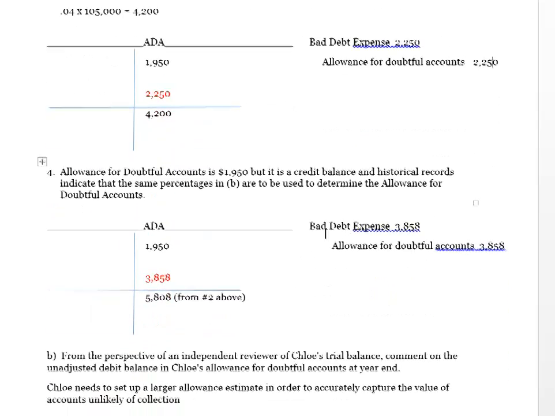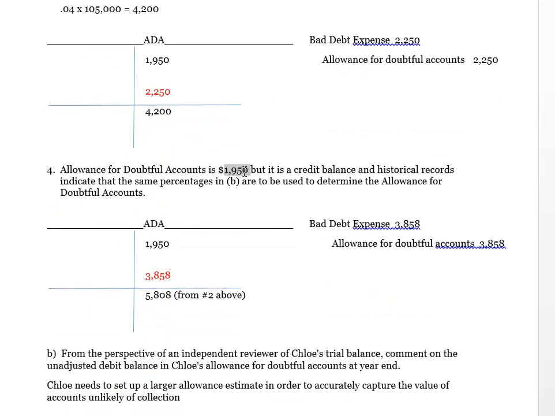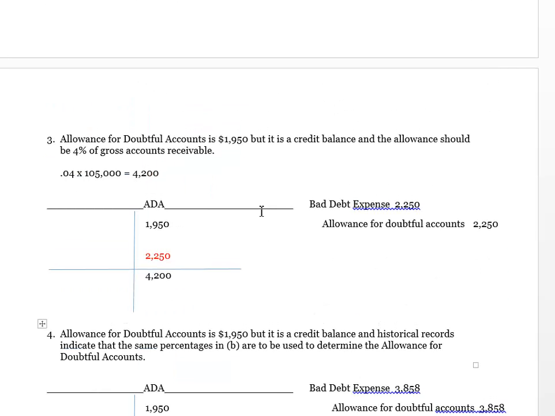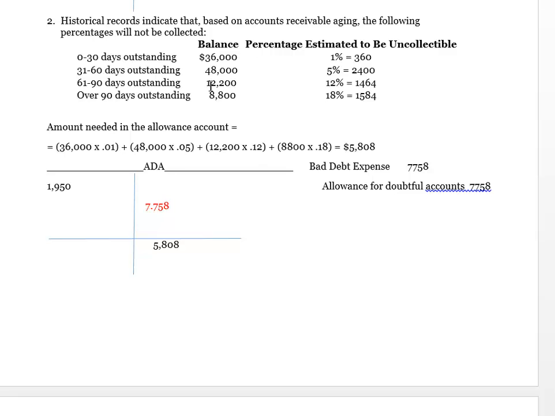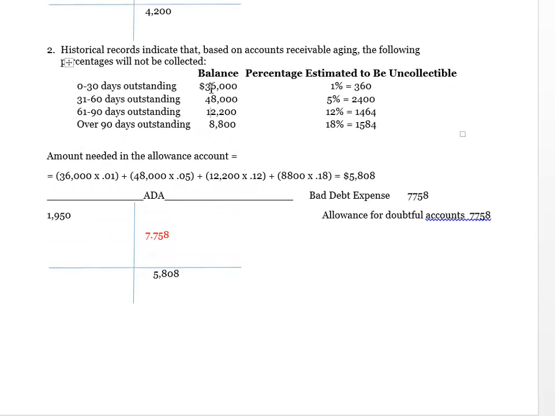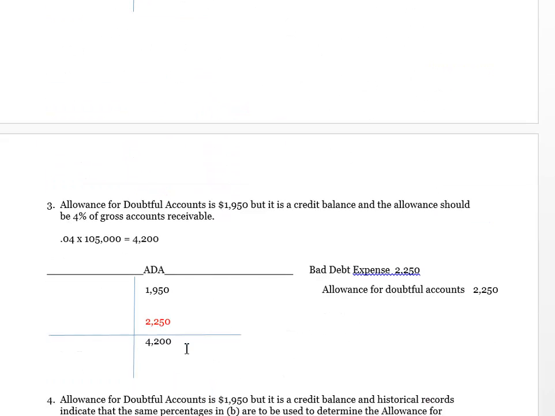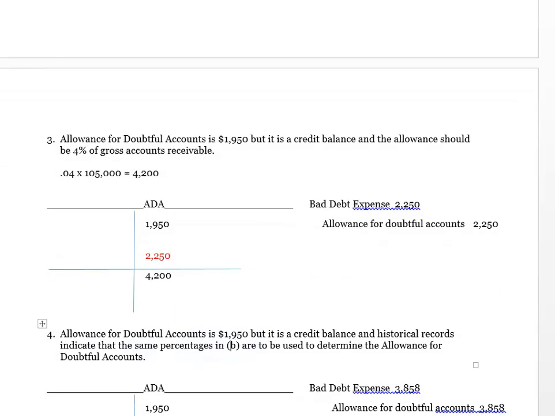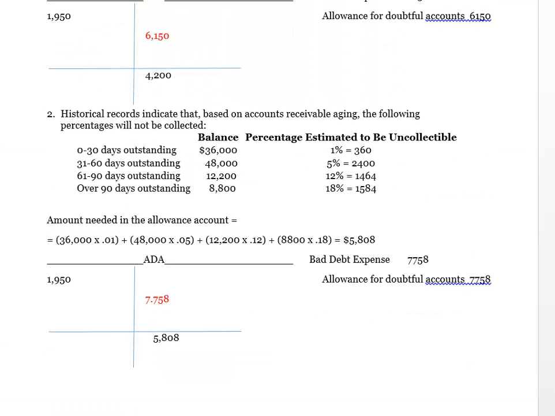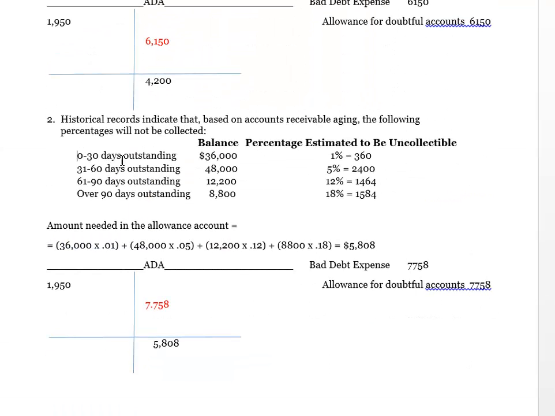Again, assuming $1,950 is our credit balance in the allowance to open the period, now we have to assume that we're using the historical information that we were given in Part B, which actually should be, I guess, Part 2. They say B, but I think they mean Part 2. Okay, which is here, this historical data here.